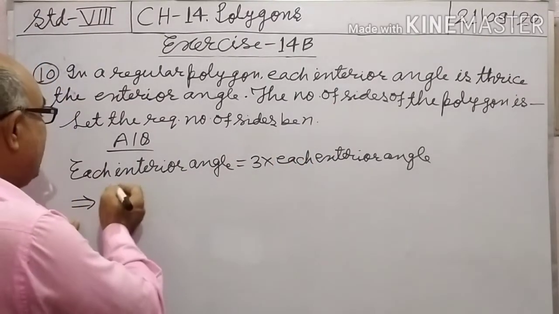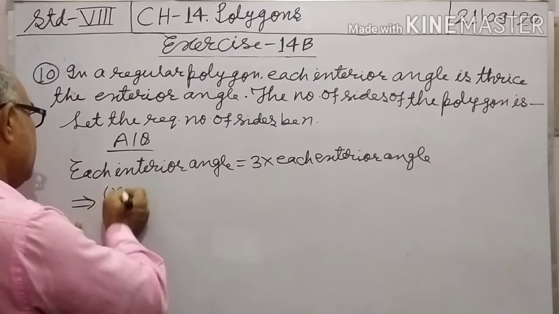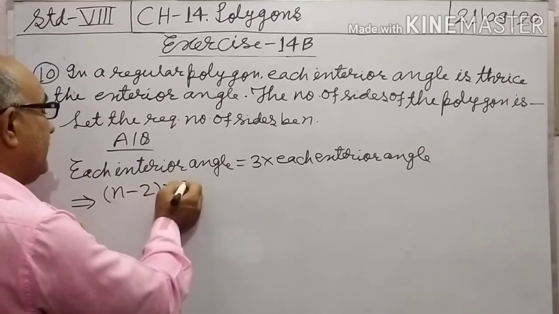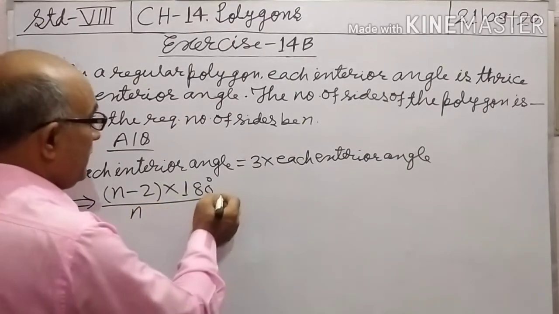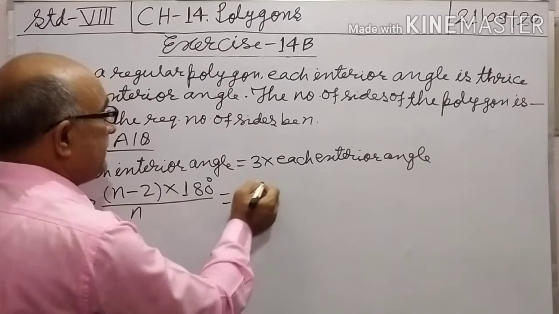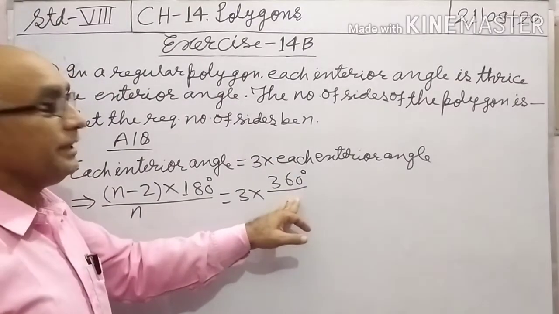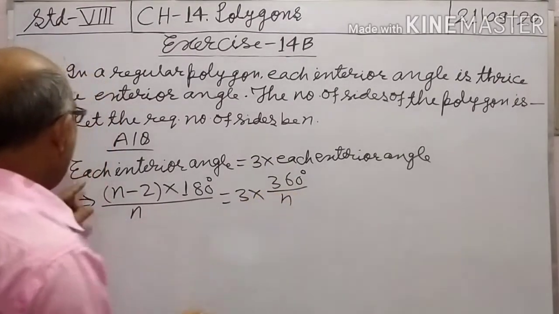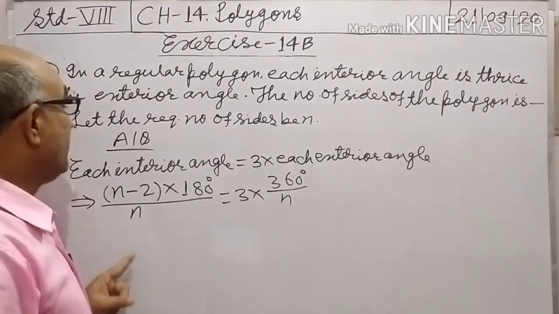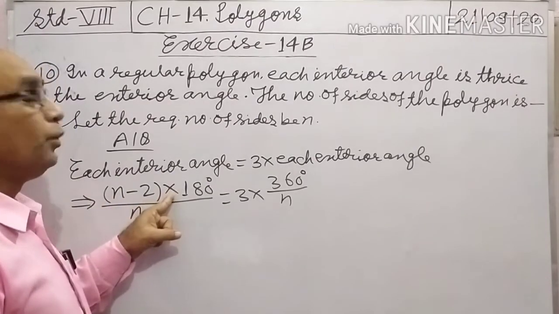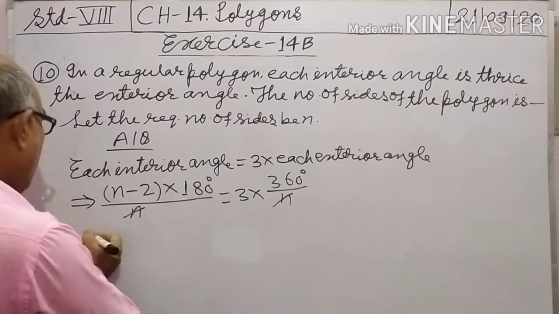That implies each interior angle (n minus 2) into 180 degree by n equal to 3 into each exterior angle. Each exterior angle of n sides regular polygon is 360 degree by n, and each interior angle of n sides regular polygon is (n minus 2) into 180 degree by n. So n to n cancel.